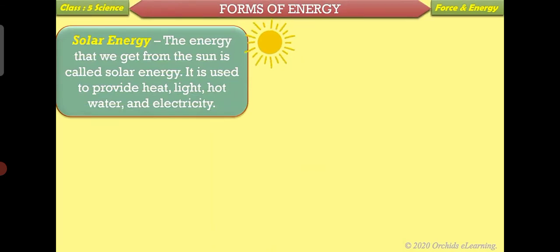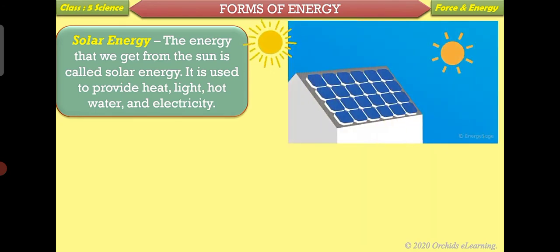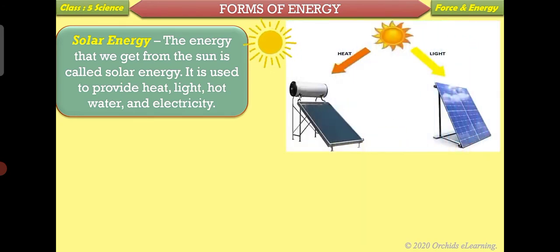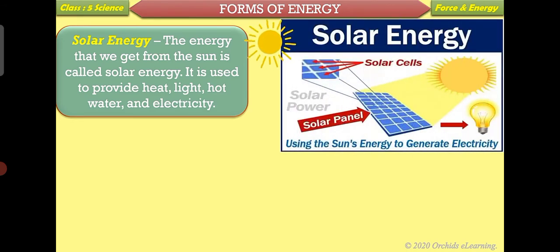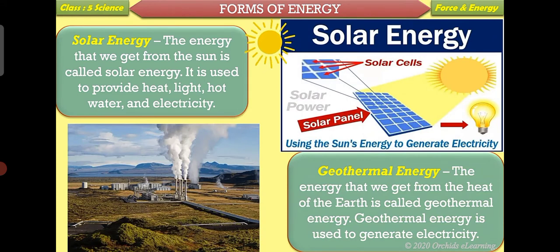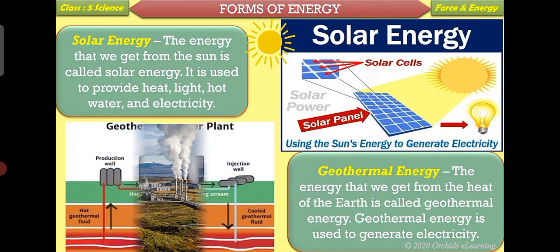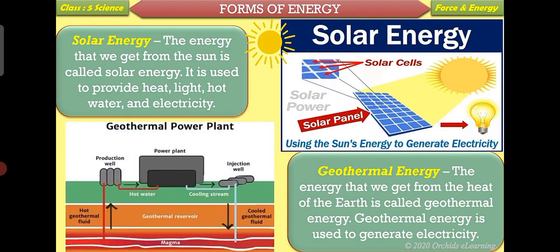Solar energy is the energy that we get from the sun. As the name says, solar, we get it from the sun, because the sun is the main source of energy. Here at the right side you can see the solar panels by which we get solar energy. Geothermal energy is produced by the heat of the earth.